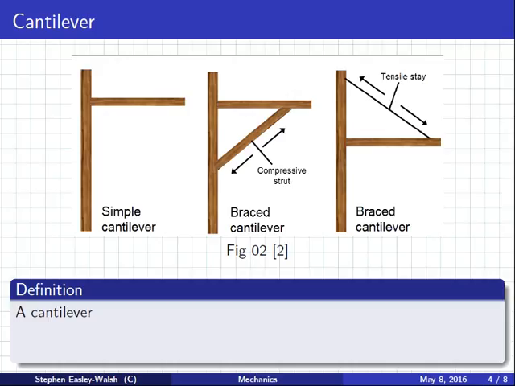Braced is like in the middle? No, braced means supported. Oh, okay.